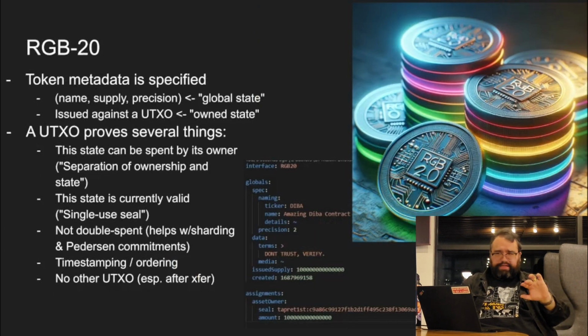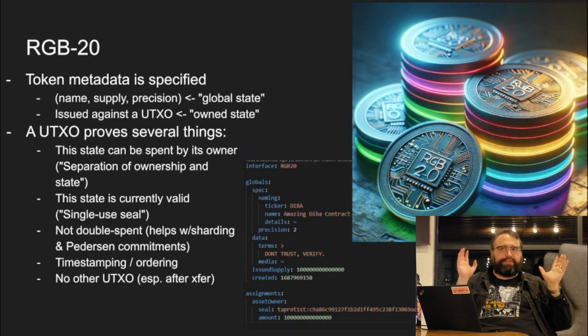RGB20 is a token standard that we've developed, and there's actually several different standards. RGB20 is for fungible tokens. RGB21 is for non-fungible tokens. I'll get into that.